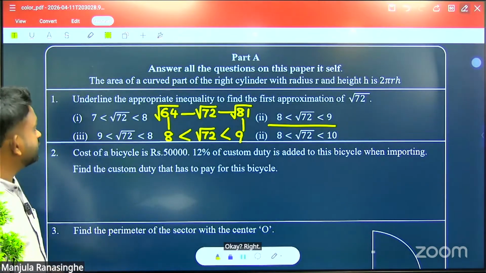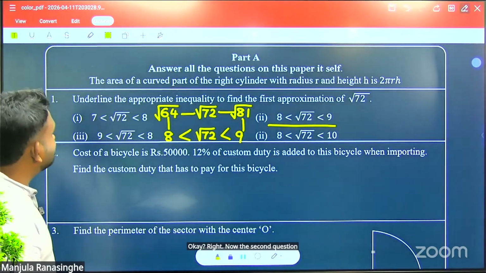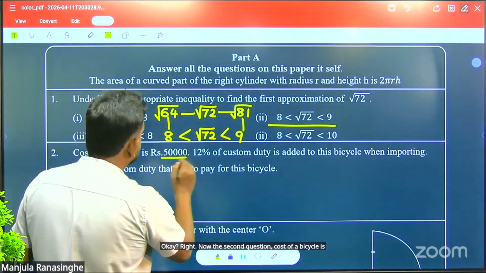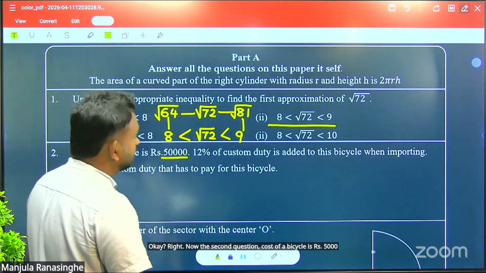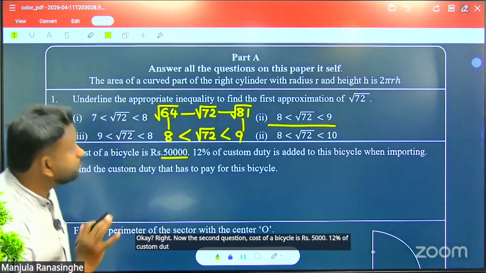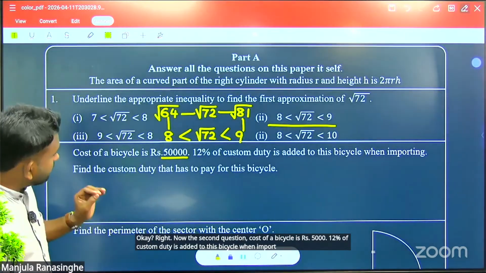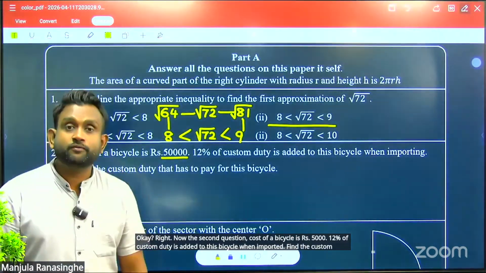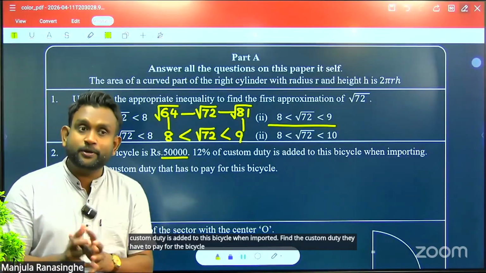Now the second question. The cost of a bicycle is rupees 50,000. 12% custom duty is added to this bicycle when imported. Find the custom duty they have to pay for the bicycle. Just the custom duty is asked.